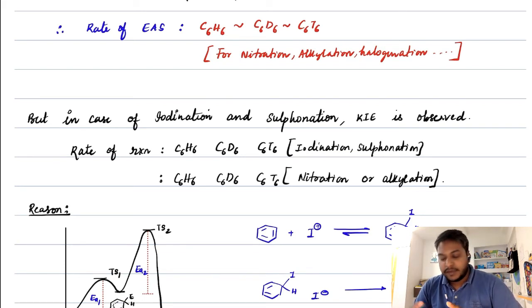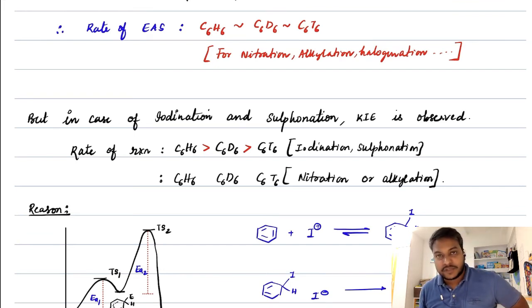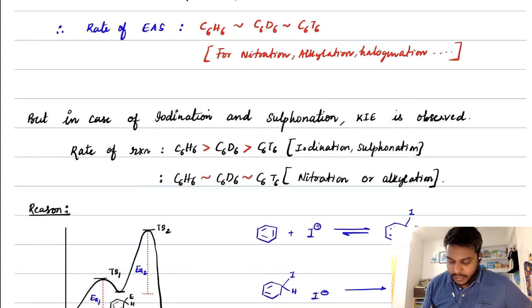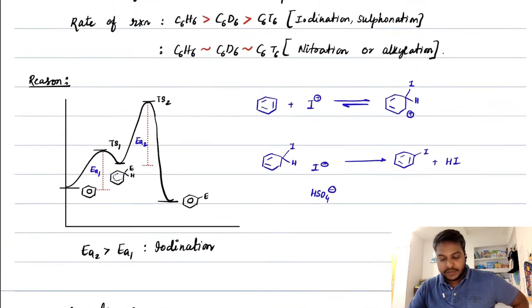Therefore, that will start showing kinetic isotopic effect. So if it is iodination or sulfonation, then we will see distinct rates. That is, C6H6 will have a stronger rate compared to C6D6 or C6T6. But if it is nitration or alkylation, the rate will be almost the same. So make sure you understand this. This is a pretty simple objective question that will come, where we need to figure out what happens to the rate of the reaction. Clear, students?